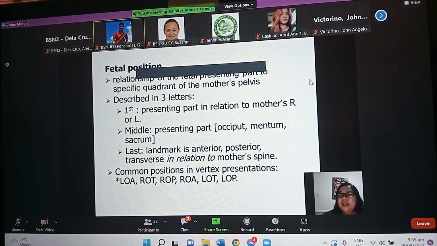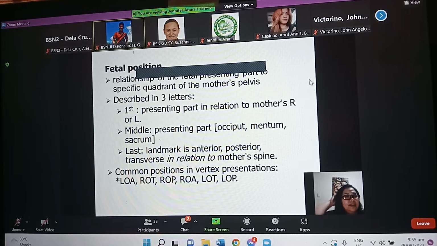Okay. So another thing which we should consider also is the fetal position. The fetal position is the relationship of the fetal presenting part to the specific quadrant of the mother's pelvis. Relationship of presenting part, whether head, scalp, or face.